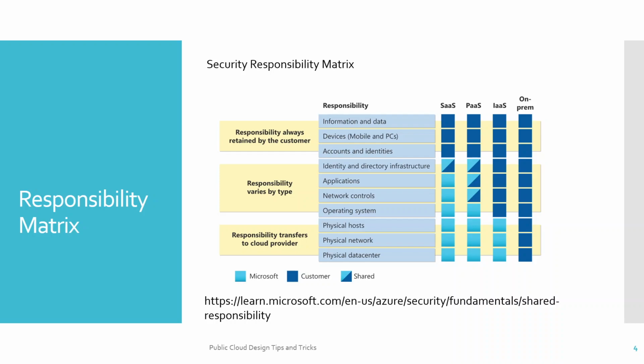For example, if you're working on a VM to deploy an application, then VM hardening and VM patching are all the organization's or customer's responsibility. And on-prem is always the customer's responsibility. So that is how you can segregate the responsibility. You can take other examples as well.